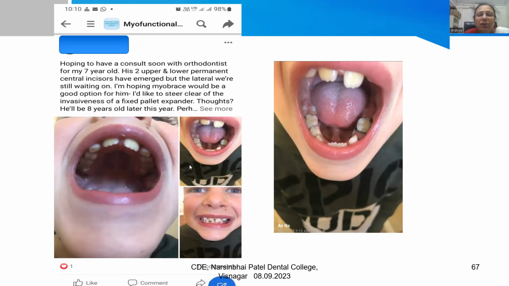Found a good answer. So here you can see the space maintainer. A band and loop has been given, which is maintaining space for the future eruption of the premolar. Only the premolar is given all the emphasis while giving the space maintainer. Why, bhaiya? Why?